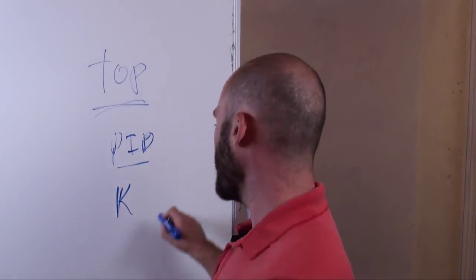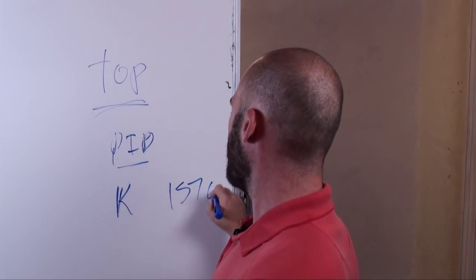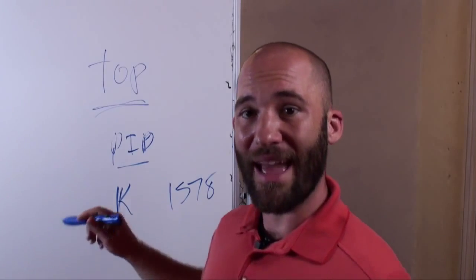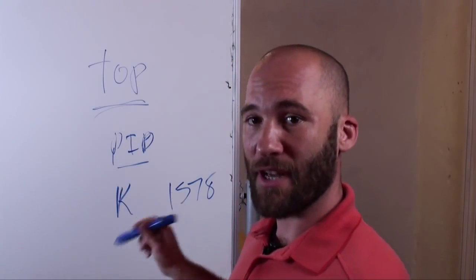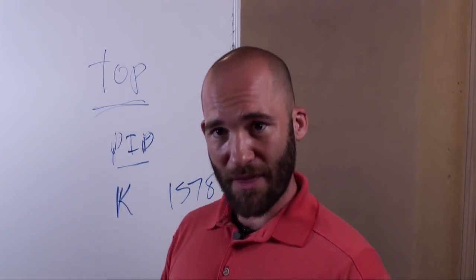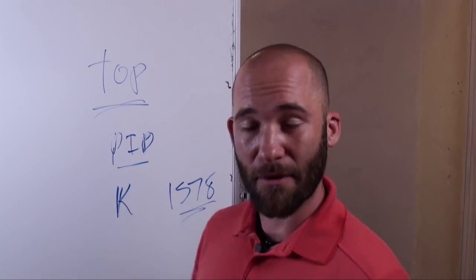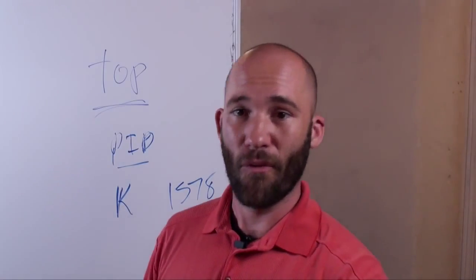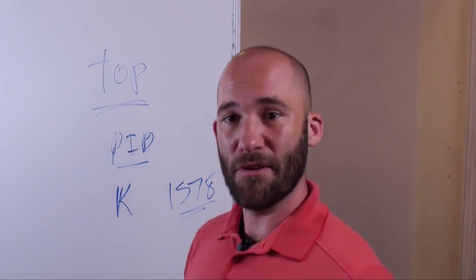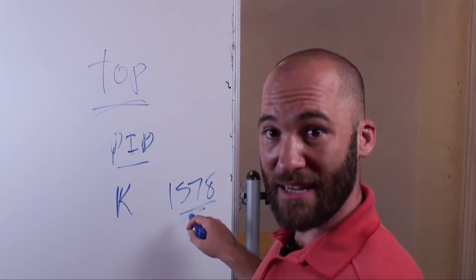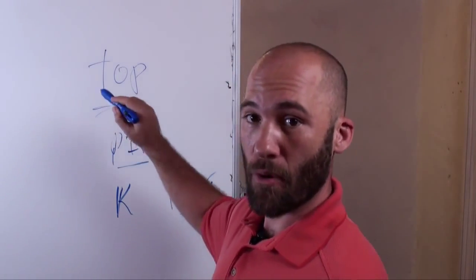So if you see process 1578 is just doing something stupid, you type in K 1578, and that will kill that particular process. All the processes get their own unique process ID number. And if one is just doing something it's not supposed to be doing, you use the command K and then whatever the process ID is within the program top.